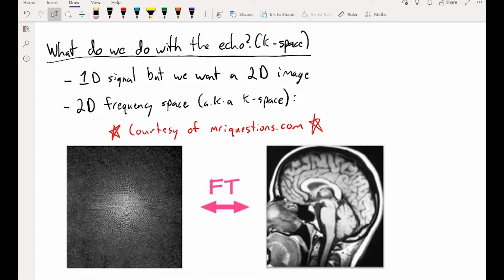The math behind this gets much more complicated than you would see with a one-dimensional signal. So I like talking about the Fourier transform in one dimension because it makes the most sense. But in reality, in MRI, we were putting in a two-dimensional set of imaging data, all these different echoes that we've collected, into the Fourier transform, and it's giving us a 2D image on the other side.